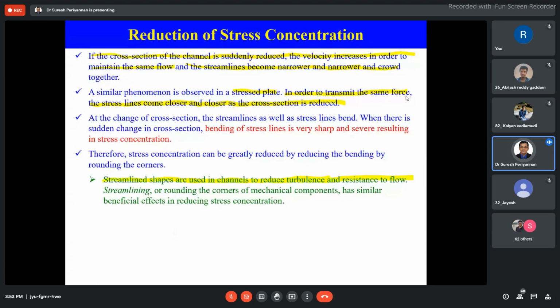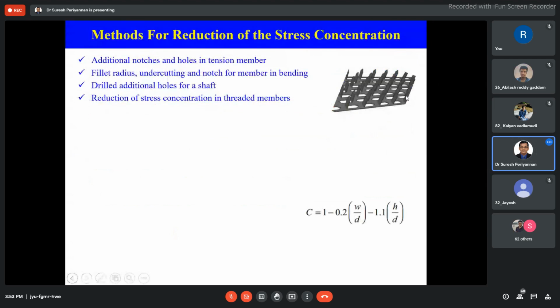Now you can see here how to reduce the stress concentration factor. These are the ways. There are 4 methods explained in your book, the same methods in Bandari, you can get more information. I'm going to restrict to a few key points only.